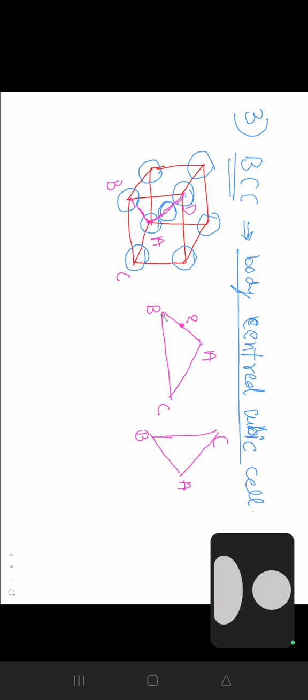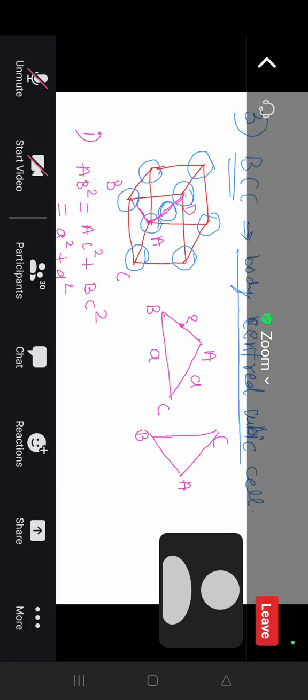Now this BC is a, the edge length. AC is also edge length. AB is a root 2. So first, AB square equal to AC square plus BC square. So it is equal to a square plus a square, which is 2a square.